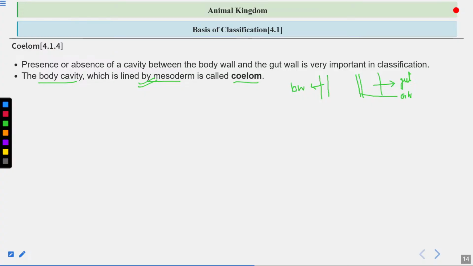GW means gut wall. Now there is a cavity in between. And if this cavity is lined by the mesoderm, the body wall inner lining is of mesoderm, and the gut wall lining is also made up of mesoderm, then it is called coelom or the true body cavity.